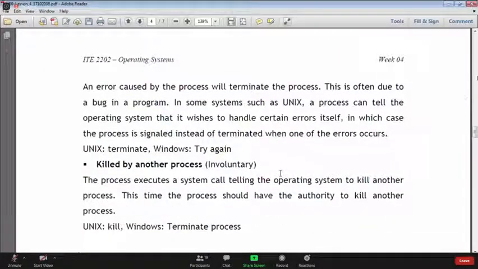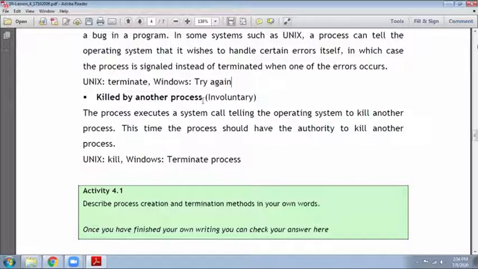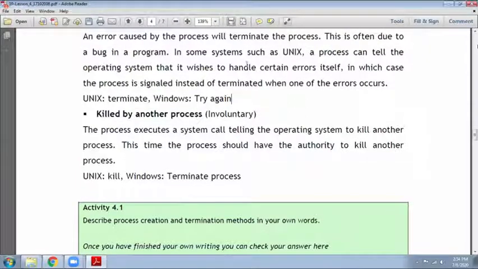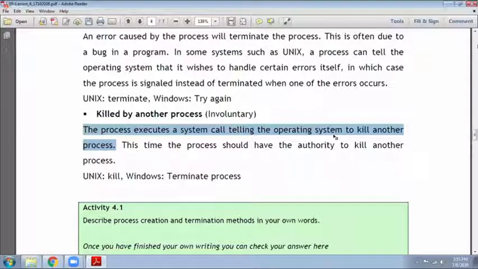Then, killed by another process. So one process can kill another process. The process executes a system call, telling the operating system to kill another process. Sometimes, for example, if it is not responding, what do you do? You can go to Task Manager and kill it.